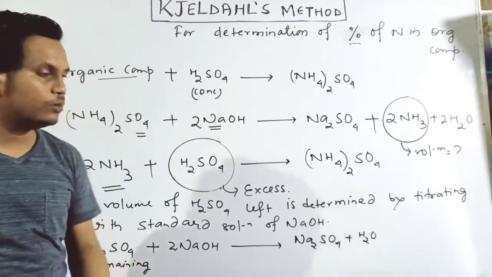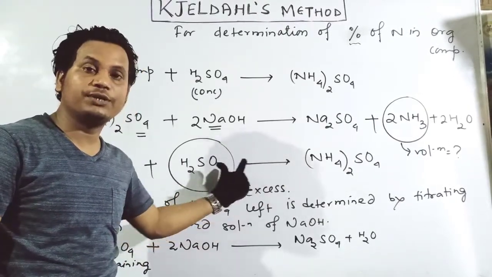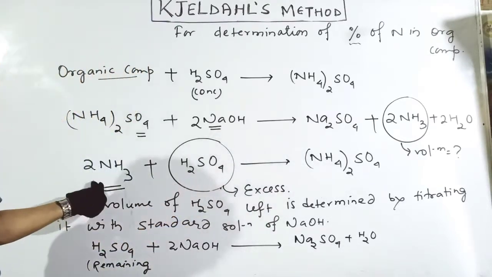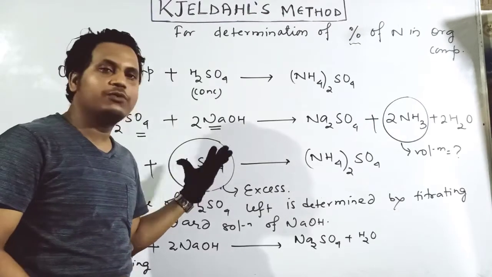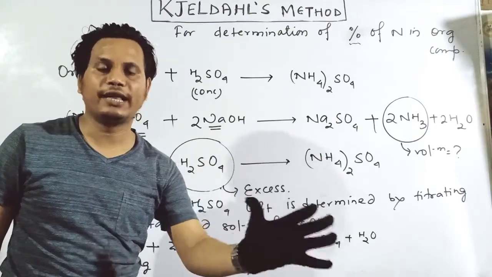We don't know, so the sulfuric acid is taken in excess quantity. Some volume will be used for neutralizing the ammonia, and some sulfuric acid will be left.